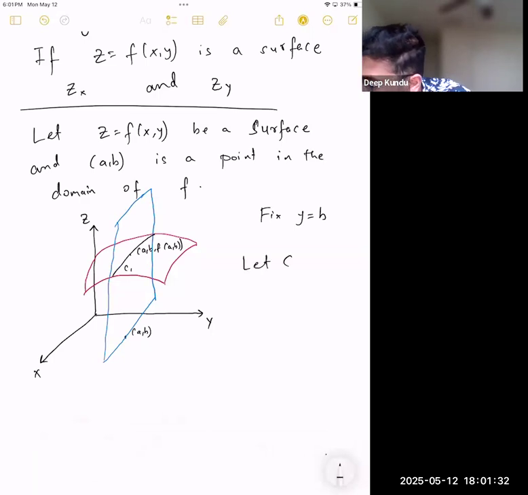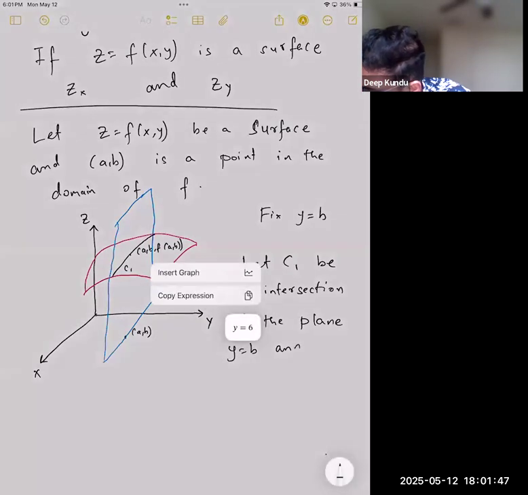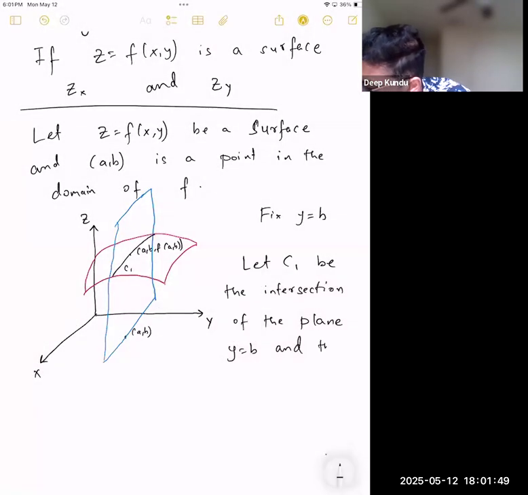So let C1 be the intersection of the plane y equals b and the surface z equals f of xy. Okay, all right. Now let's just see what's happening on this plane.